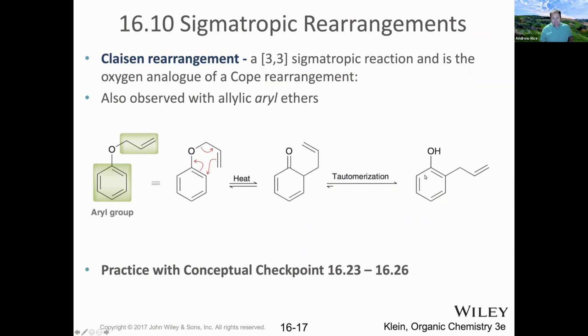Now, in this case, it's actually a phenol. It's an OH connected to a benzene ring. Unlike the enols that are less stable than the C double bond O, in which case the C double bond O structure is more favorable, here it's actually the alcohol that's the more favorable structure in this tautomerization, even though it's connected to an sp2 carbon.